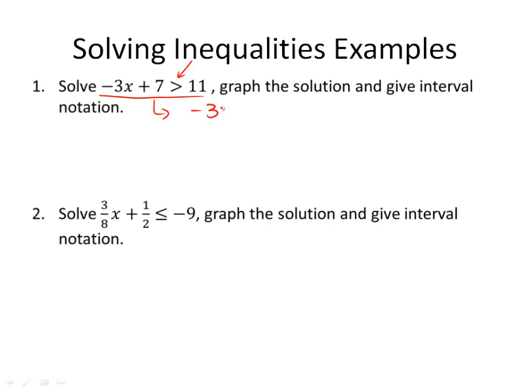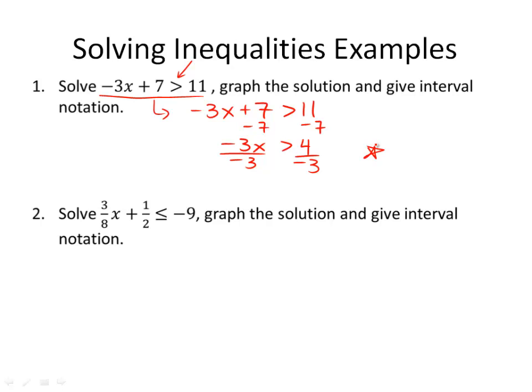We've got -3x plus 7 is greater than 11. Just as in equations, we want the x by itself, so let's subtract 7 from both sides. We get negative 3x greater than 4. Now, we're going to divide by negative 3 on both sides.